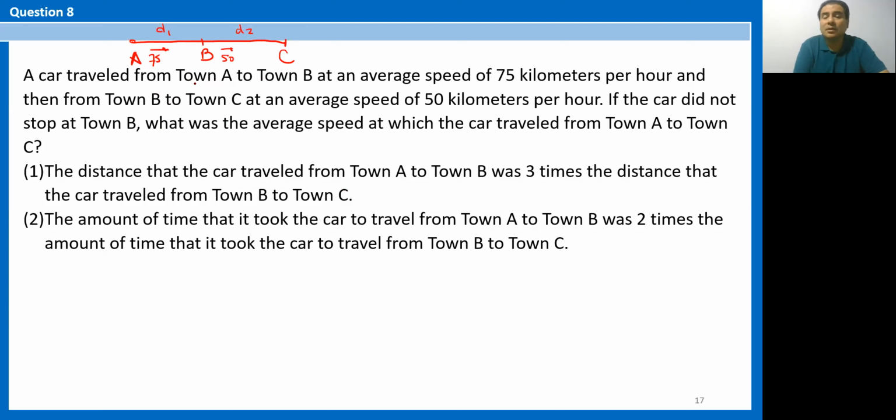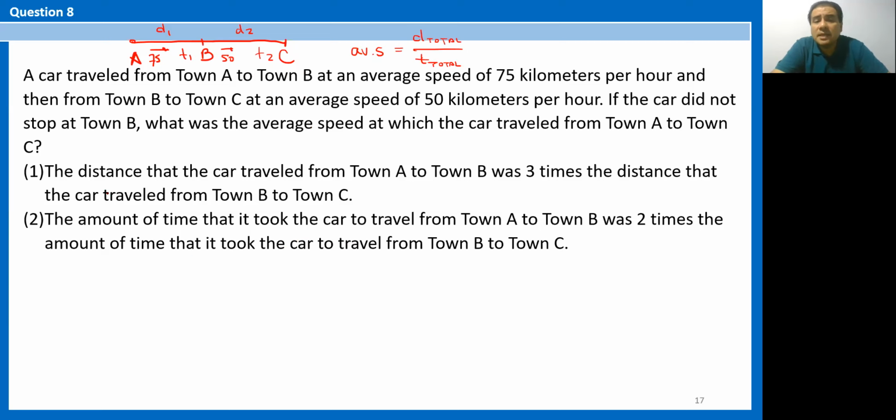And here there is a time in each of the spans. So what we want to calculate is the average speed, which is the total distance divided by the total time. All right, so let's see what we can do.